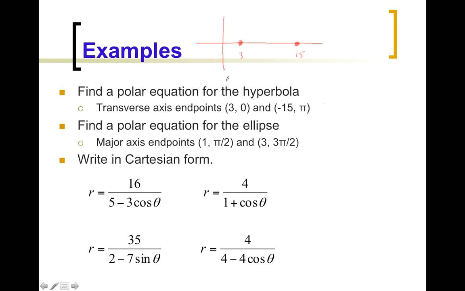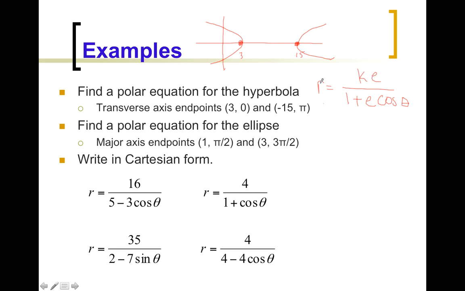And we want the polar equation. Now, because these are vertices, this opens like this and like this. The reason we need to know that is because opening to the left means it's r equals ke over 1 plus e cosine theta.